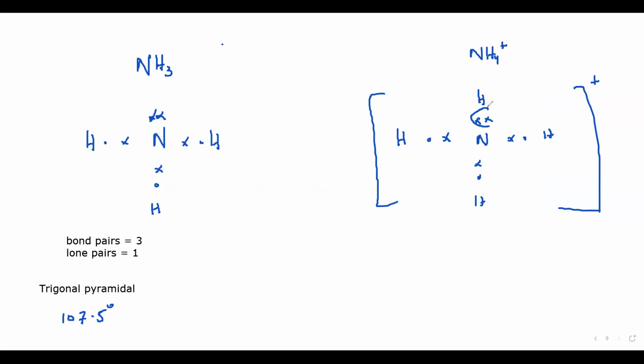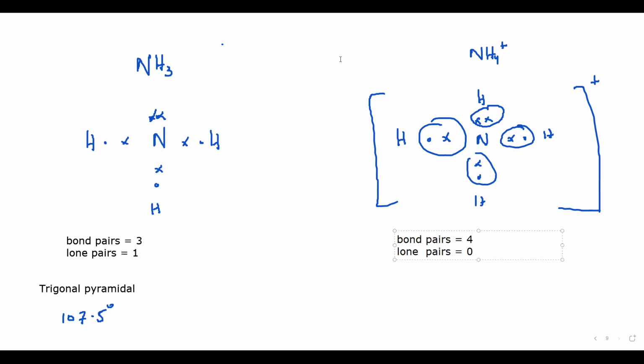But what about NH4? We consider this as a bond pair now. So all 4 bond pairs are there and there is no lone pair. So 4 bond pair, no lone pair. What will be the geometry?